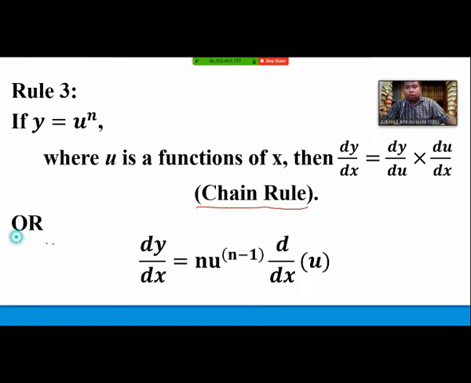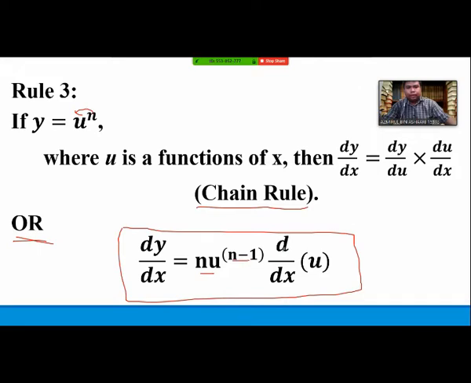Or you can also use this one formula. dy per dx equal to nu, which is n moves to the front, becomes nu, and n minus 1, and then you need to differentiate u. Differentiate only this one.